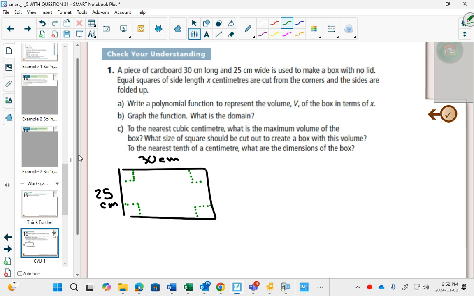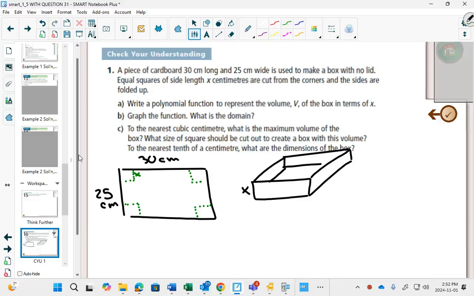And if you fold it up, it would make an open box just like that. So it makes sense that if we call the side of the square that we cut out x, the height of our open box is going to be x.